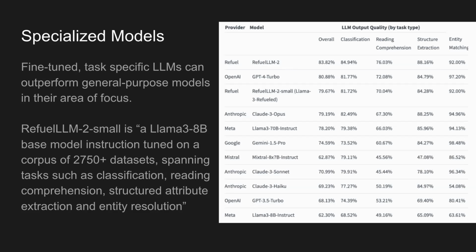It's really capable, and its capabilities are actually comparable to the big commercial models. You can see from the chart that even the small Refuel will compete really well with ChatGPT for classification tasks. Very cool.